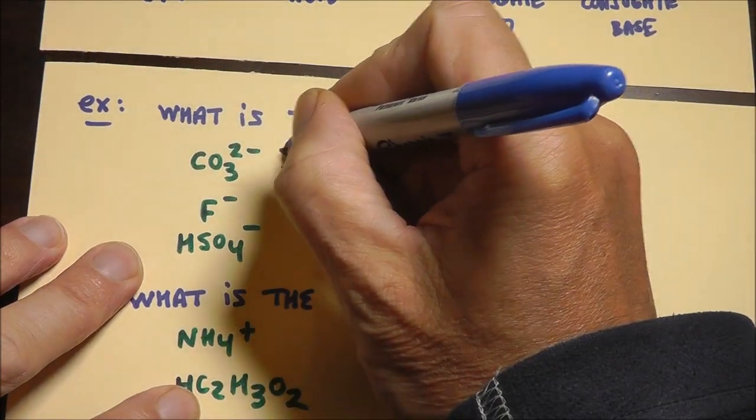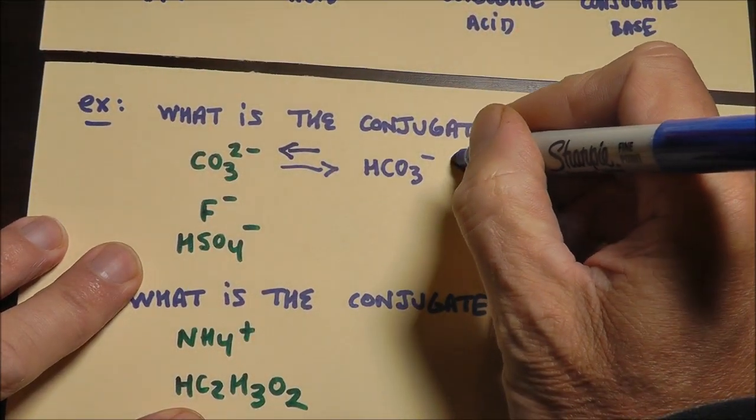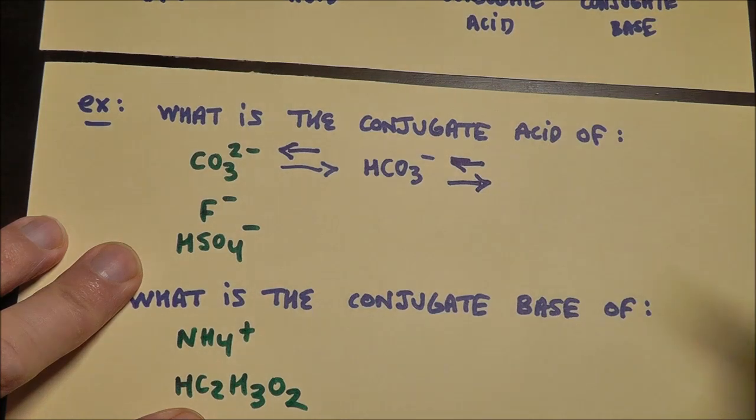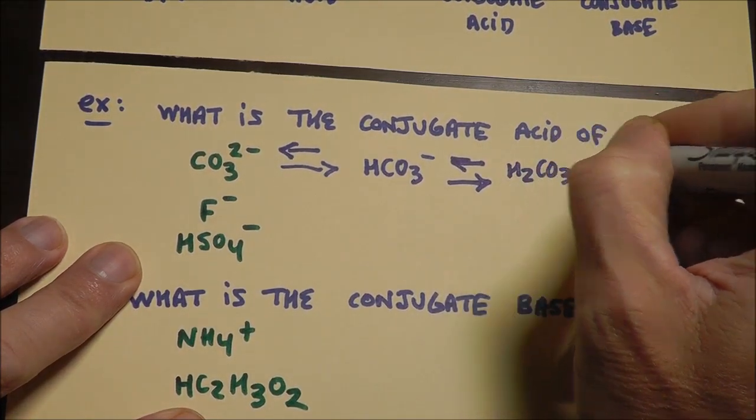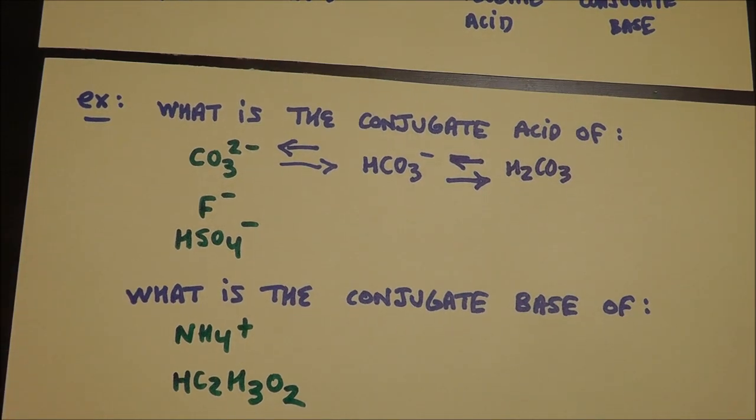That's actually in the middle of a two-stepper. Bicarbonate ion has its conjugate acid, carbonic acid, which is what's in seltzer water and makes carbonated beverages acidic. So yeah, we'll get to that, but that is a conjugate base and a conjugate acid of something else.